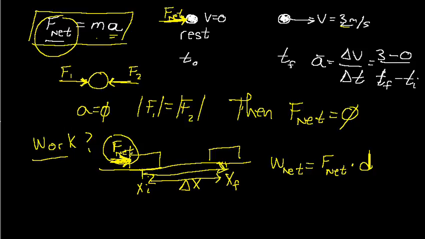This would be my displacement vector from initial heading this way to final. If both are parallel and in the same direction, then the net work done is this force times distance. But what if they're not parallel to each other? That I'm going to talk about in the next video.